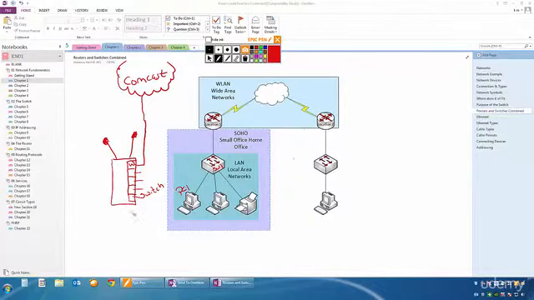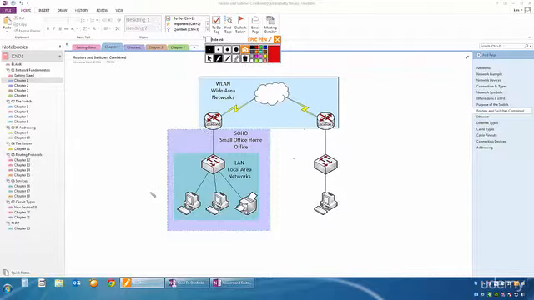And the box is the router itself. So it's a router/switch. Okay?